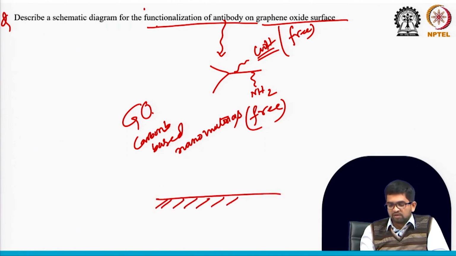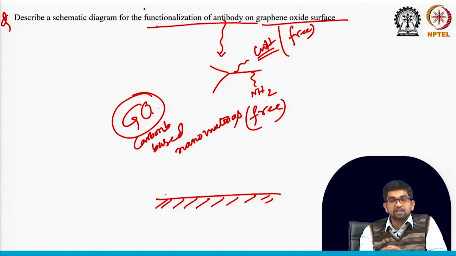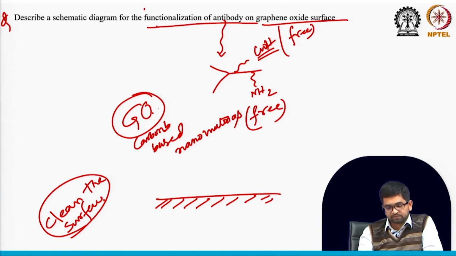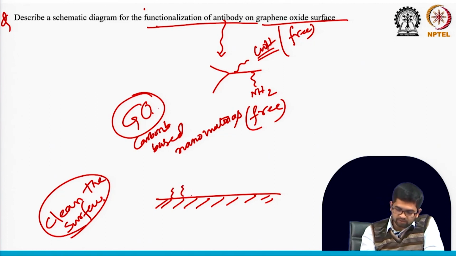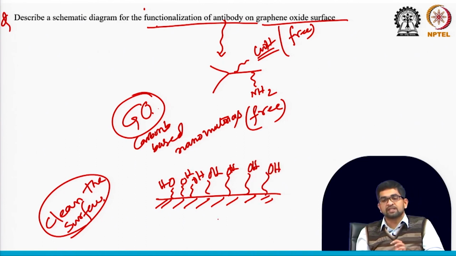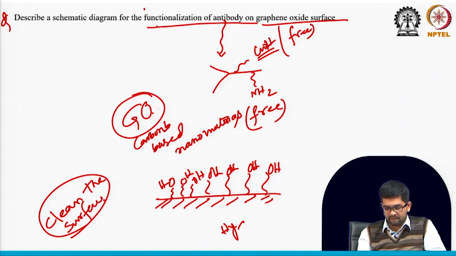You have the transducer surface. Before the fabrication of graphene oxide, you have to clean the surface. That is very common, and you have to follow it. The cleaning method I already taught you. Then you will have lots of hydroxyl groups on the surface, because after cleaning this surface will be very hydrophilic.